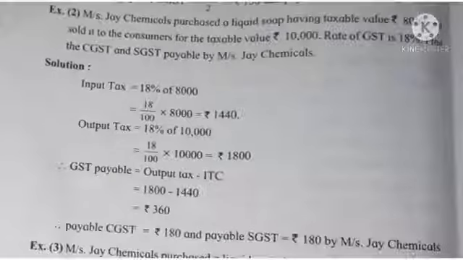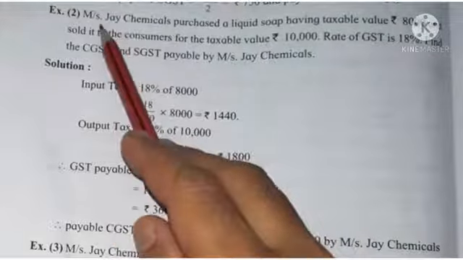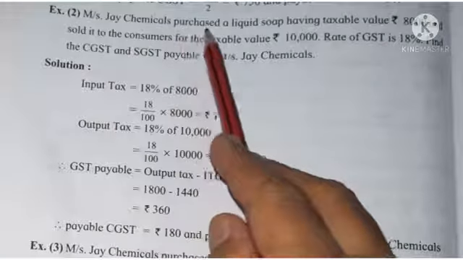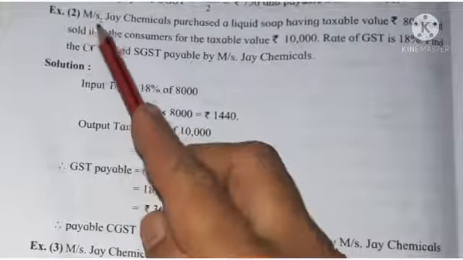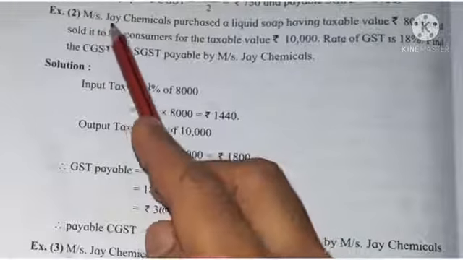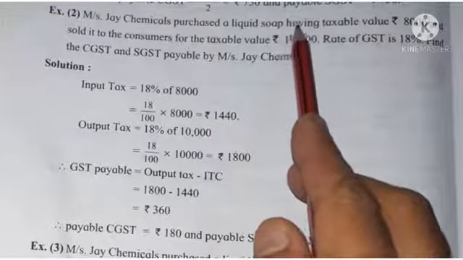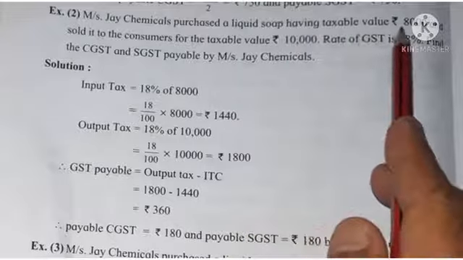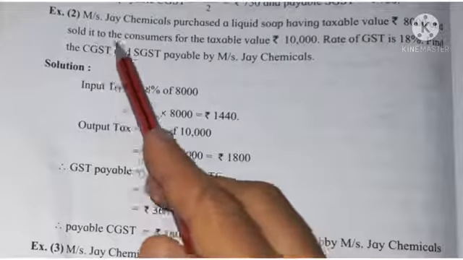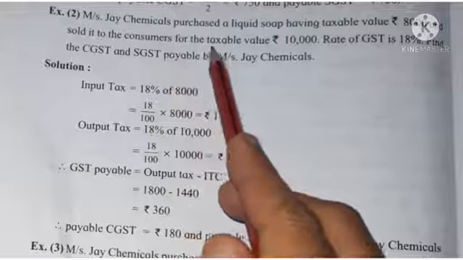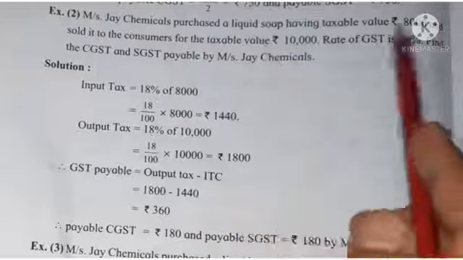Okay, see the second example. Messrs J Chemical purchased a liquid soap having taxable value rupees 8,000 and sold it to the consumers for the taxable value rupees 10,000.